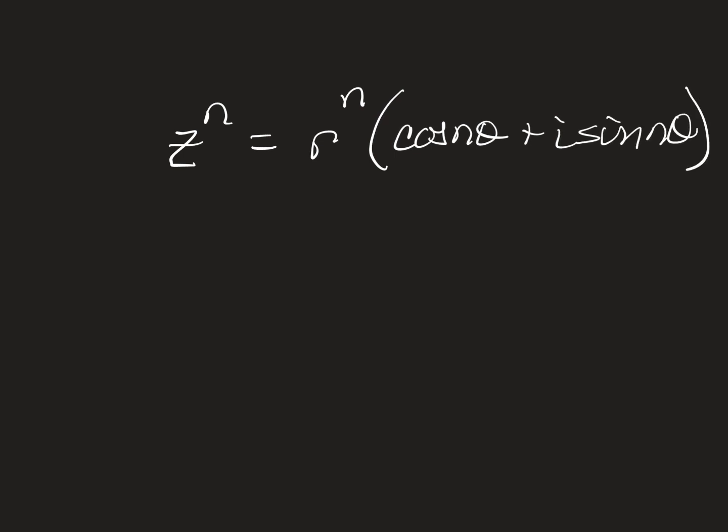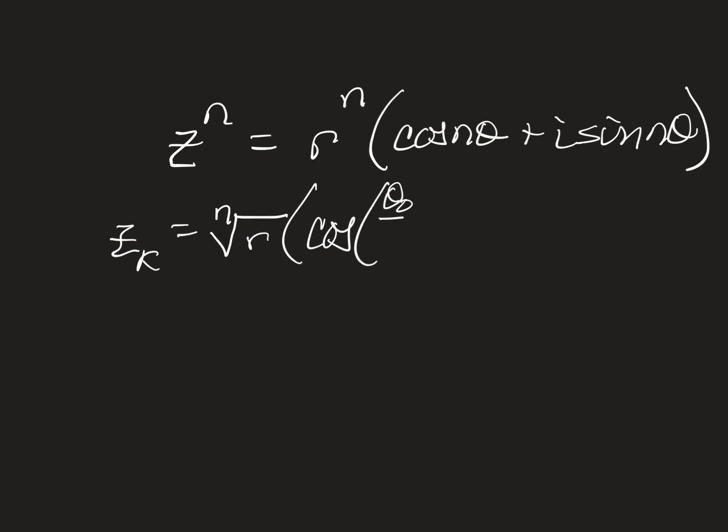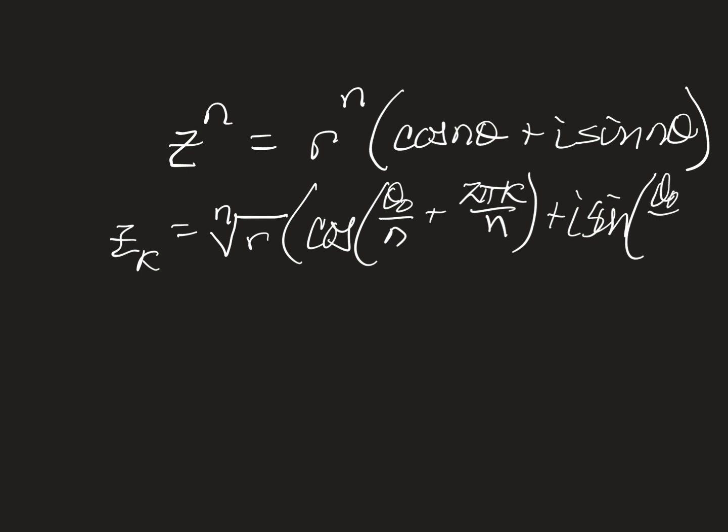All right? And if you're going to do a root, the kth root is equal to the nth root, whatever your nth root is, of the modulus, times cosine of your polar form angle theta sub 0 divided by n plus 2 pi k over n, plus i sine of the same thing, theta sub 0 over n plus 2 pi k over n.